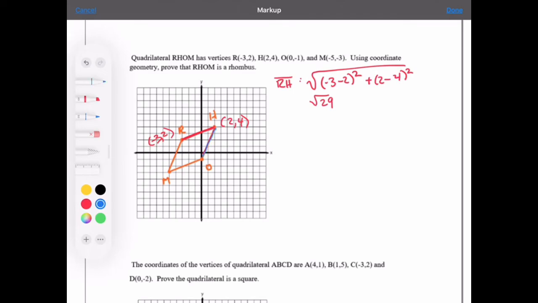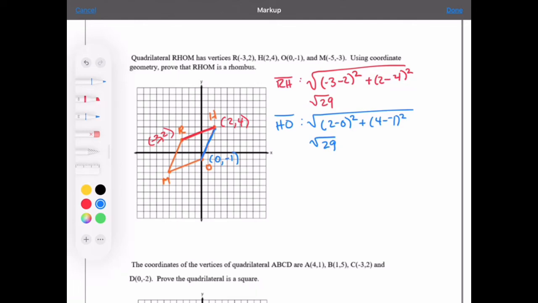Use a different color, HO in blue. O is (0, -1). So, segment HO will be the square root of (2 minus 0) squared plus (4 minus -1) squared. And guess what? That gives us the square root of 29. So, off to a good start.